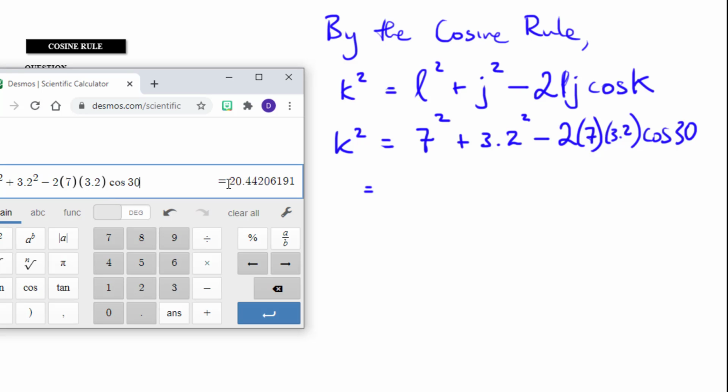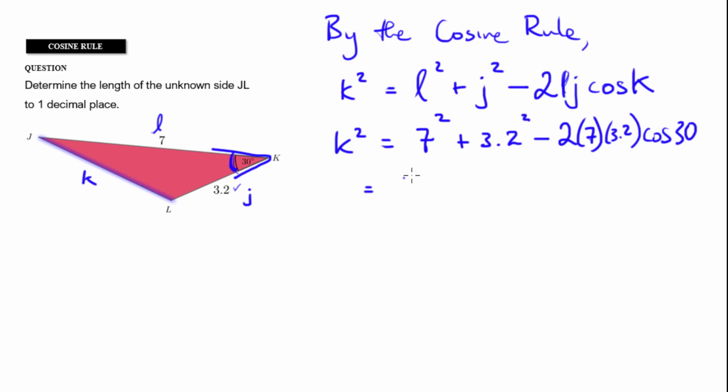And that is going to work out to be 20.442 something. So I'm going to write it to 3 decimal places just to be safe. So k squared is 20.442.